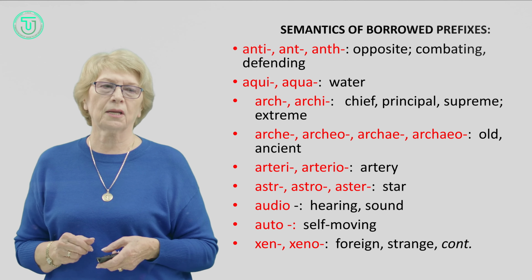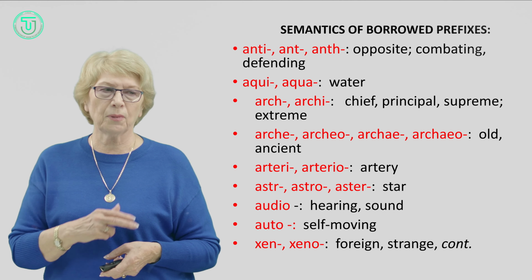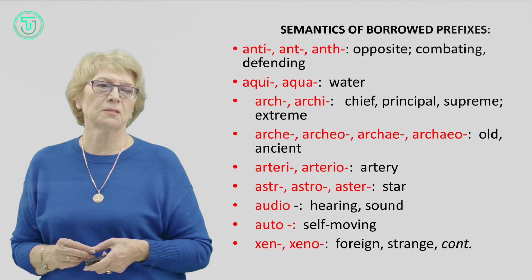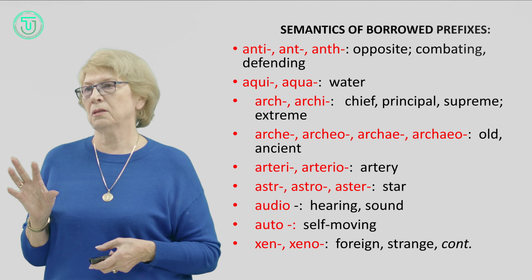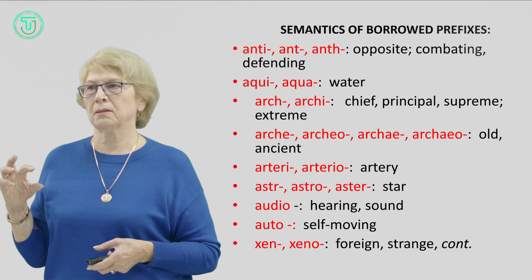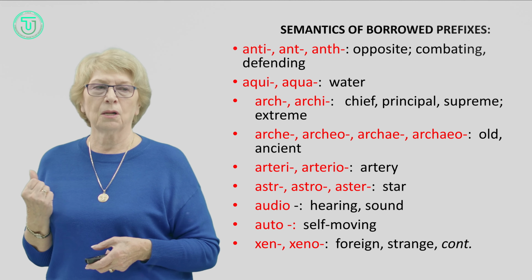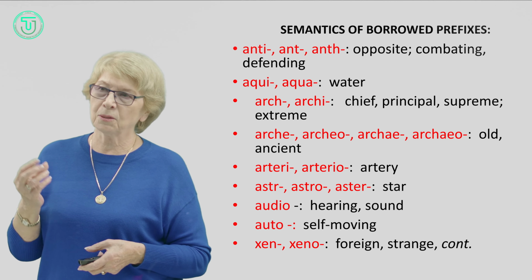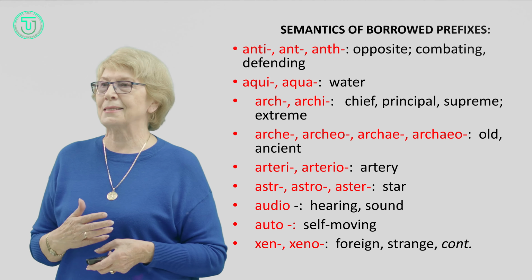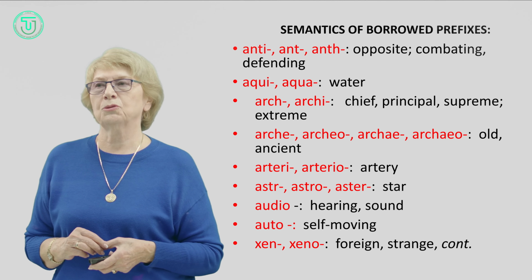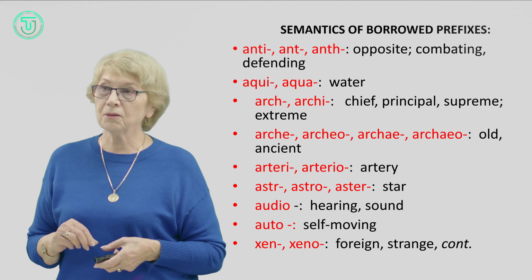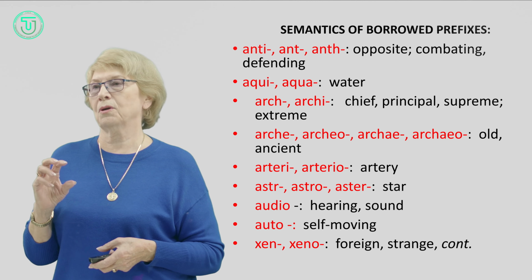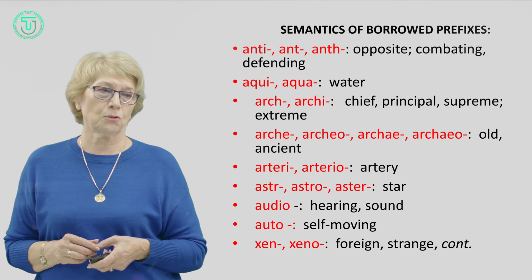Okay, astra means star. So as you see, in general, it was to be a root. I mean, in Latin, it was a root word, more or less. But after borrowing, it was assimilated into the English language in the function of an affix, not as a root.